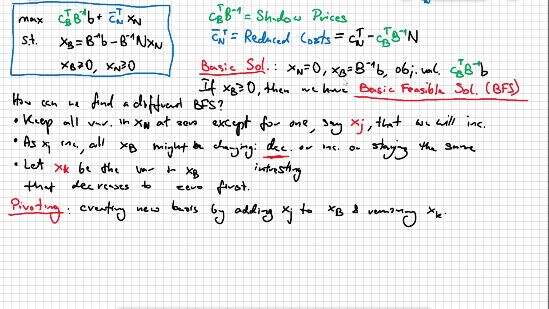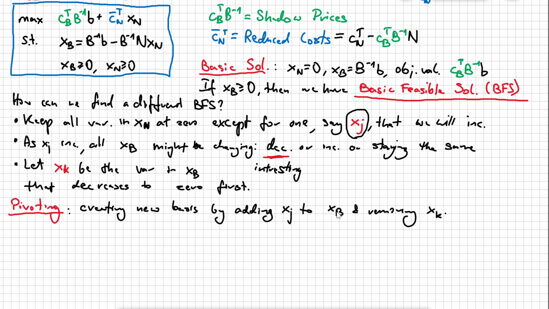Again, consider this. We started with some basis and some variables were non-basic. Non-basic variables were 0. We took one of those non-basic variables, this was the xj, and we increased it. So it cannot be a non-basic variable, it has to be a basic variable. So we added xj to xb. The new basis xb now has xj in it. But it would now have m plus 1 variables, and it has to have just m variables.